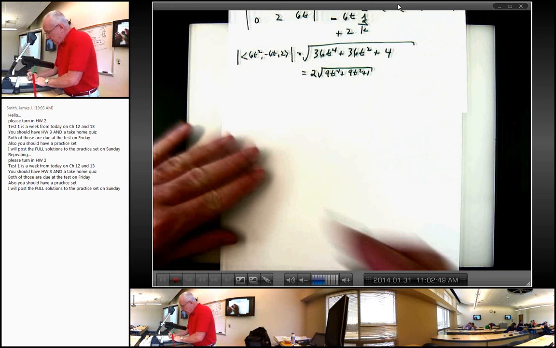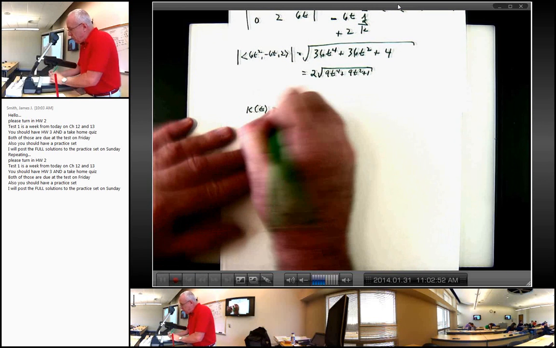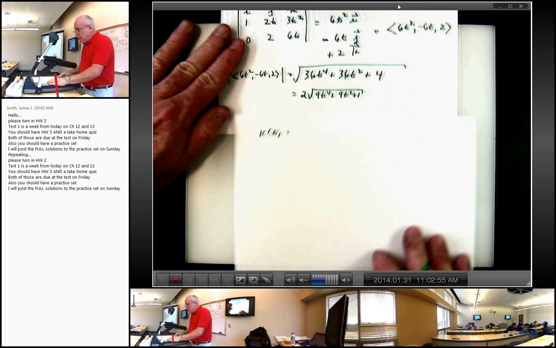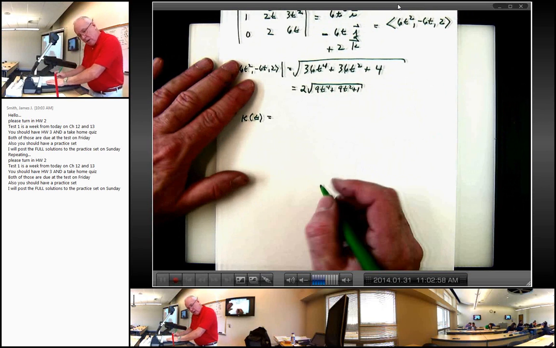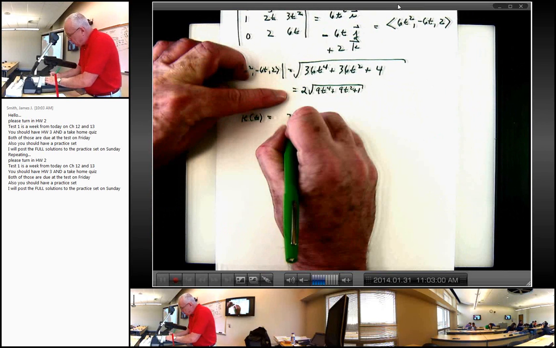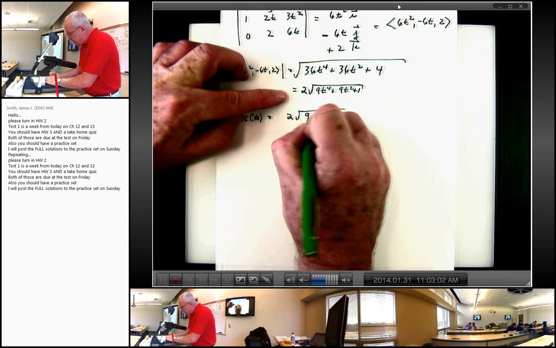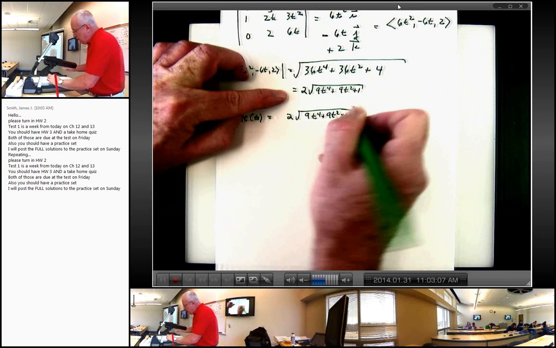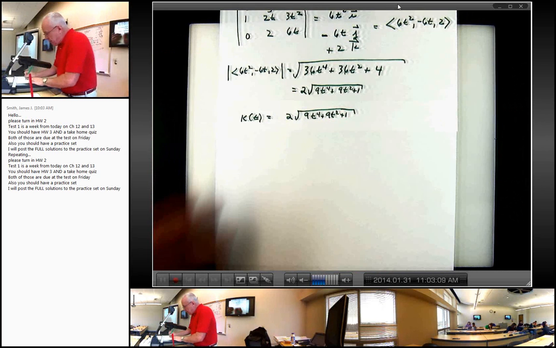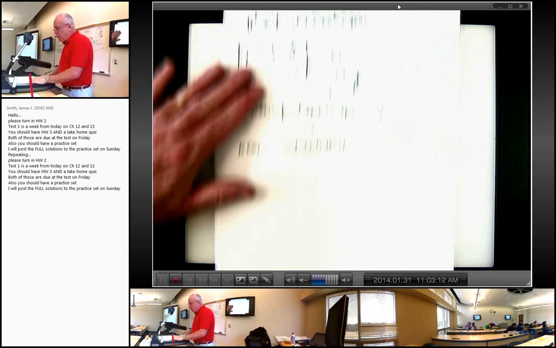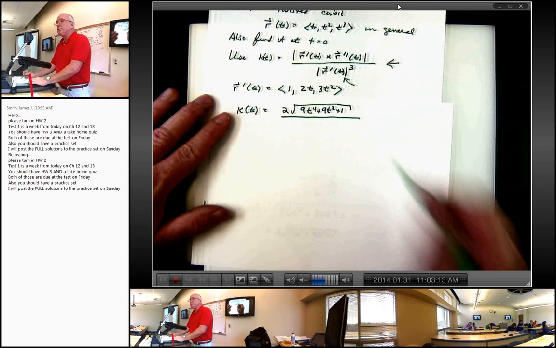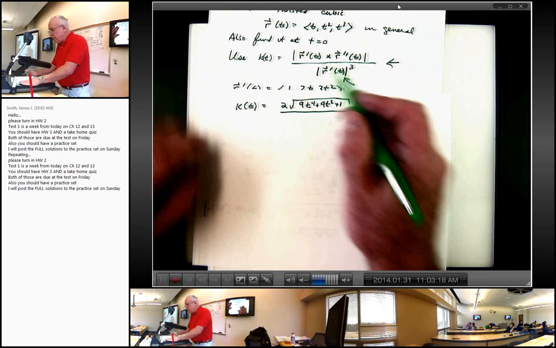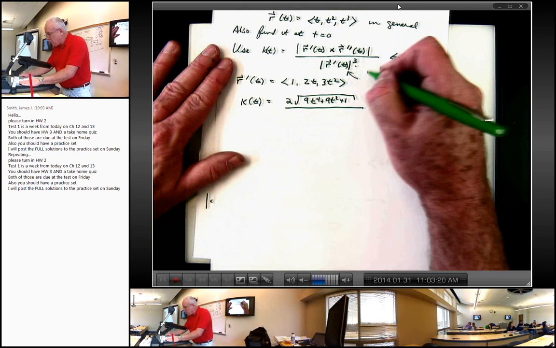So the curvature in general is going to be the magnitude of that cross product. We just figured that out, and that's going to be 2 times the square root of 9t to the fourth plus 9t squared plus 1, divided by, now what do we have in the denominator? It was the magnitude of the tangent vector r prime, but taken to the third power.